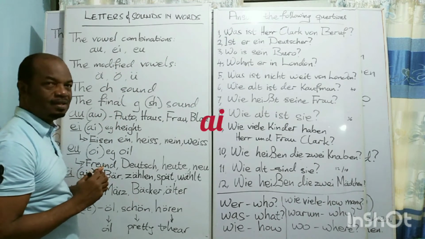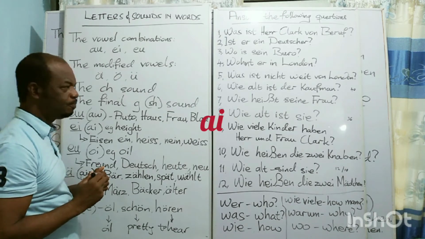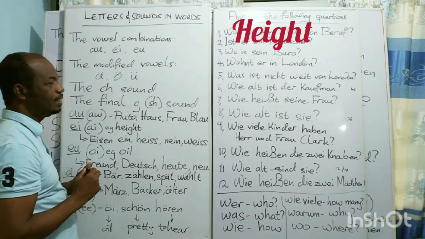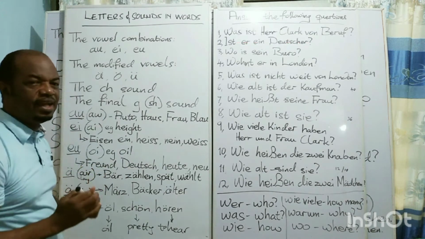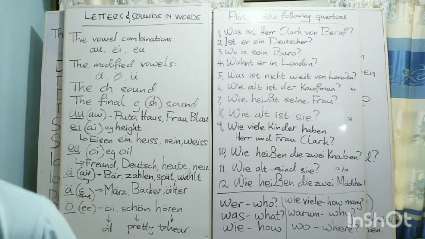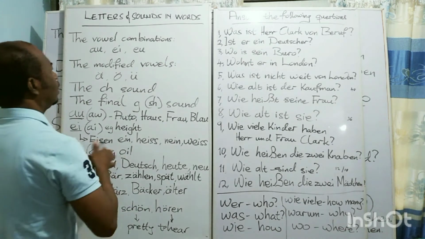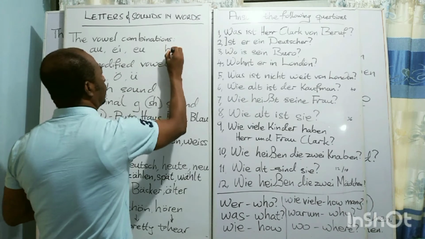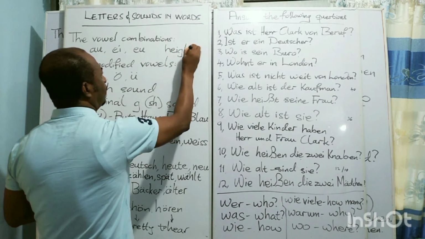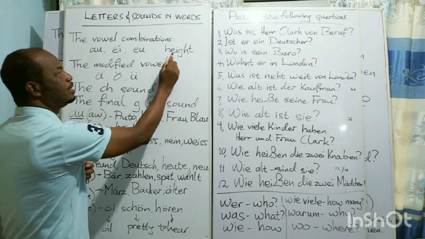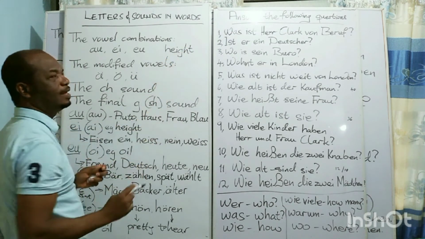When you meet EI in a word, pronounce it I, like AI. Like the word height, H-E-I-G-H-T, height. You see, in English, we didn't say hate.